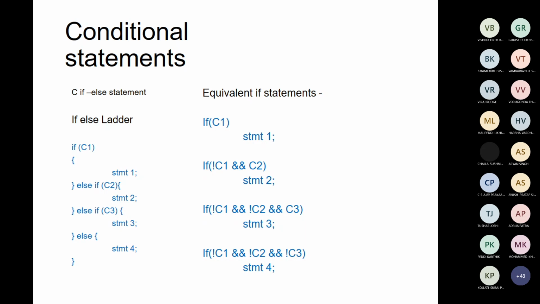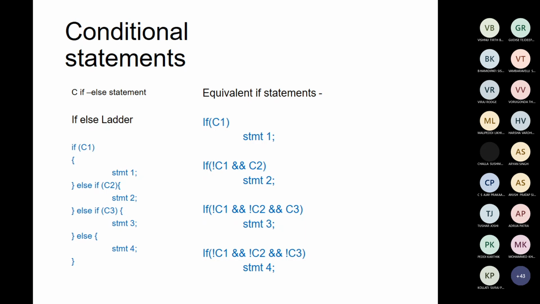If we provide the condition C2 there, else if C2, then it means that C1 is false and C2 is true. So when C1 is false, then only execution will come here in this else part. Otherwise, it will not come here. Okay? So C1, C2, C3 will be tested in a sequence.